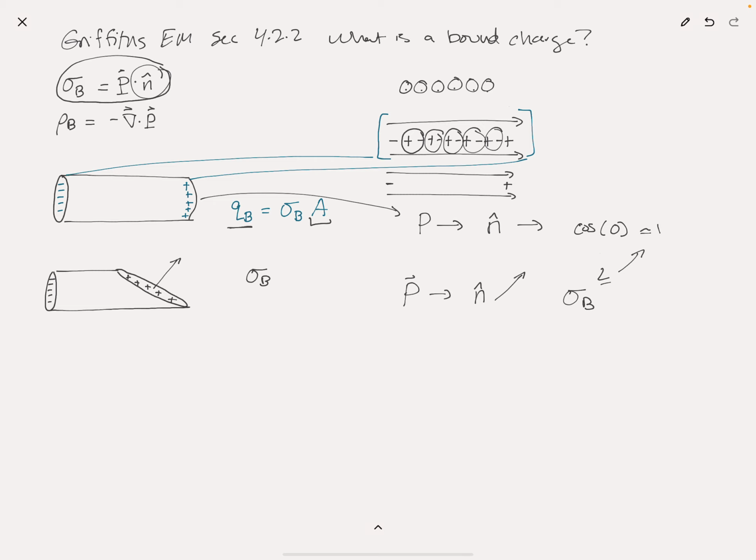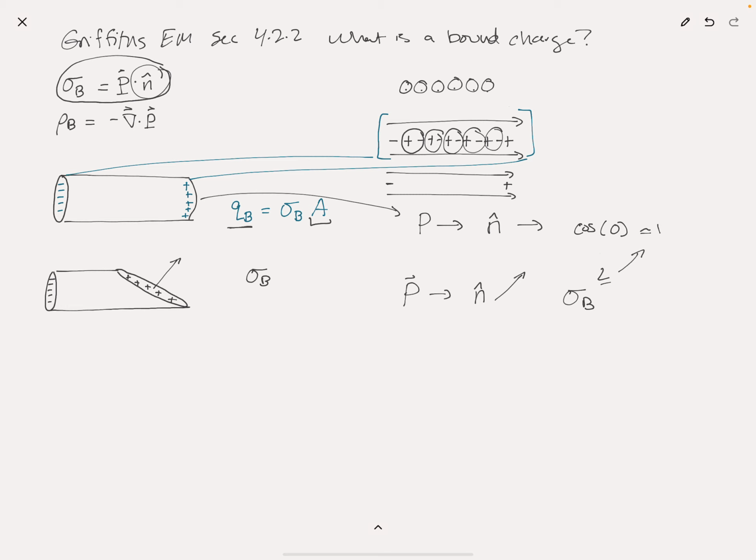So hopefully you can appreciate the fact that the relative orientations of surfaces affect the densities themselves, and it manifests itself through this dot product here. Okay, so I like to think about this polarization as like painting in some bound surface charge density.